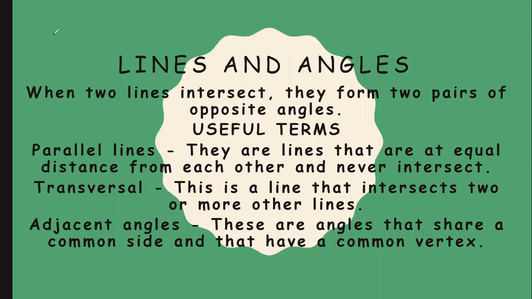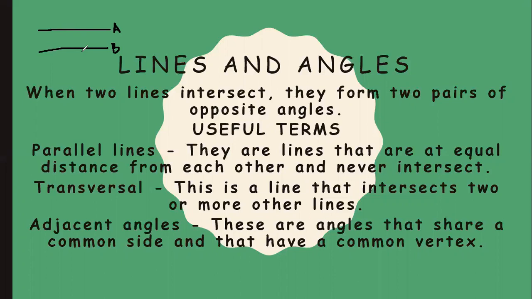Looking at the definition given here, we say they are lines that are at equal distance from each other and never intersect. Now, let's assume we have these two lines, A and B. These two lines are parallel lines because no matter how long you draw each of these lines, they can never meet. And you can see the distance between them is constant throughout. Is that clear?